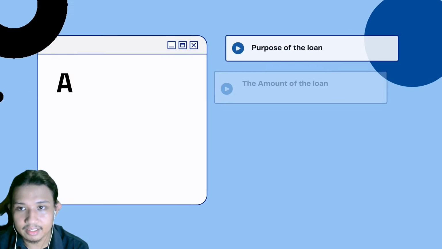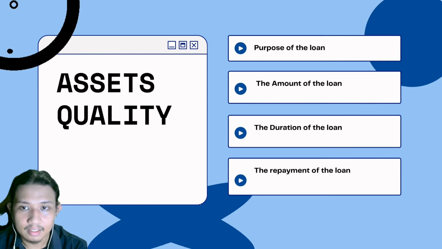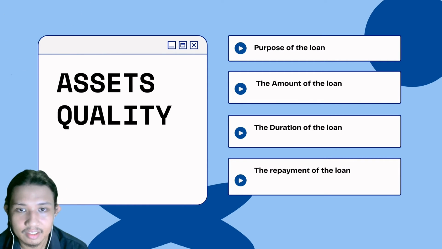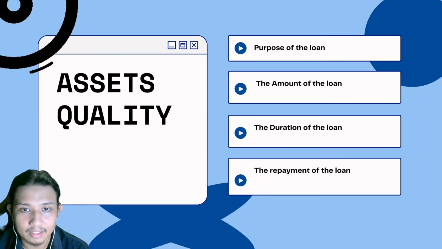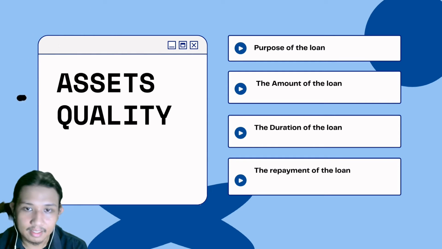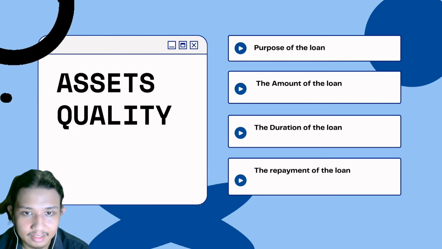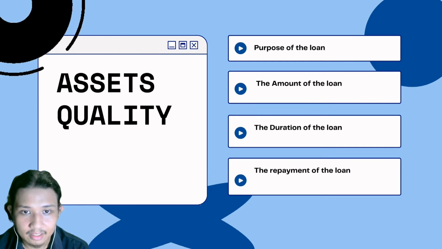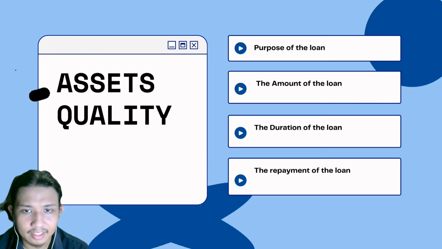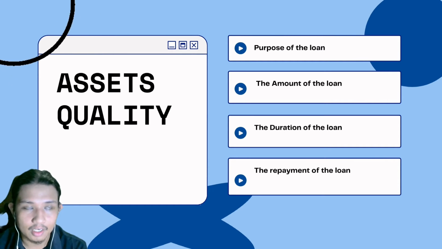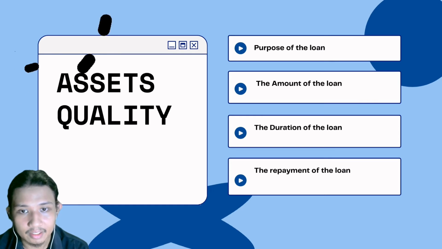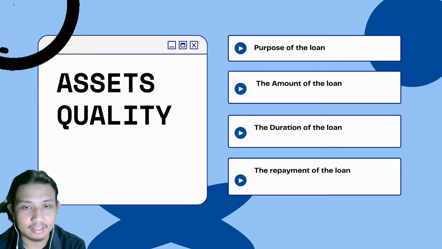Okay, next is asset quality. Asset quality refers to the level of credit risk associated with a particular asset. For example, an asset that has credit risk is loans and advances. Therefore, it is important for any financial institution that offers loans and advances to have a proper system for controlling and monitoring credit risk.